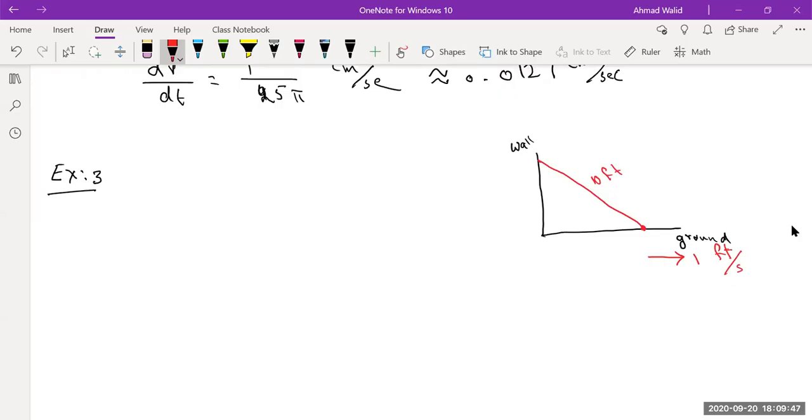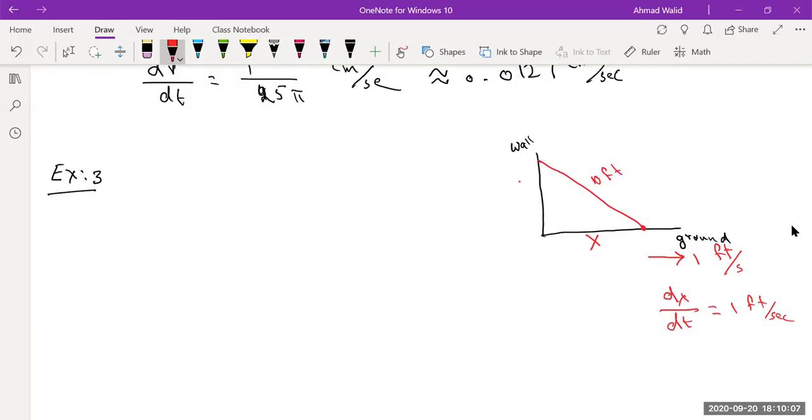If I name the ground x, it means dx/dt is given to me, which is 1 foot per second. You see how I name? I just named it x because it's the x-axis for me.